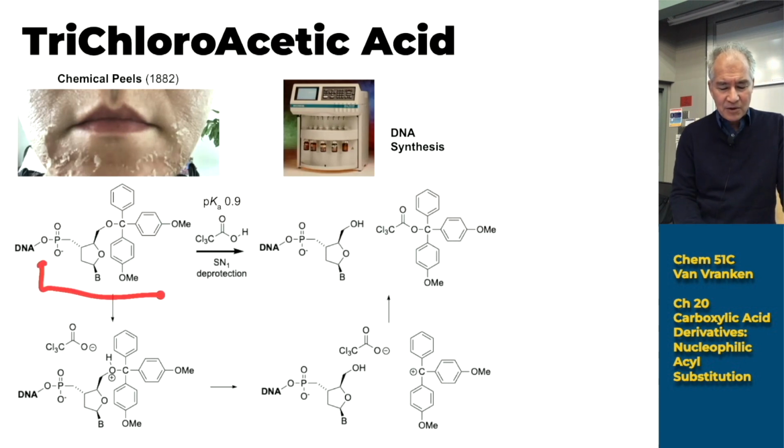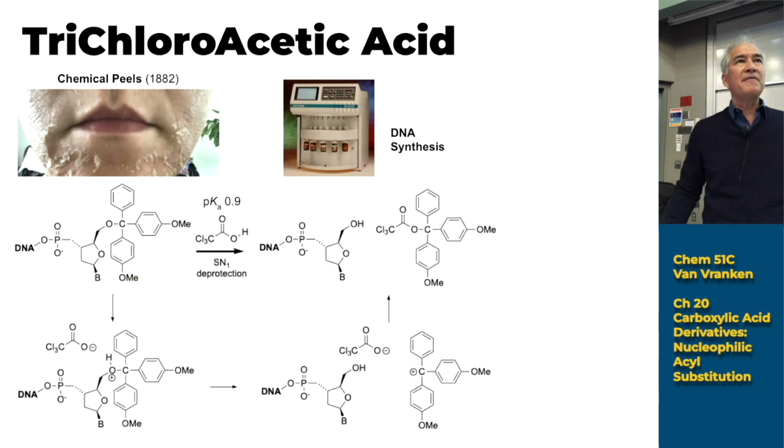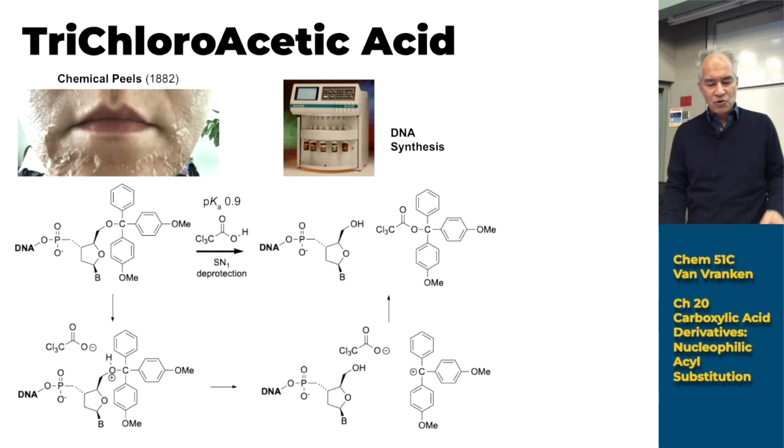After you add the new nucleotide subunit, there's a protecting group on that nucleotide subunit, A, G, C, or T, and that protecting group on the 5' hydroxyl group is a triphenylmethyl ether. And this bond can be cleaved through an SN1 reaction. And somebody spent a lot of time trying to figure out what kind of group comes off easiest, but not too easy, in an SN1 reaction.